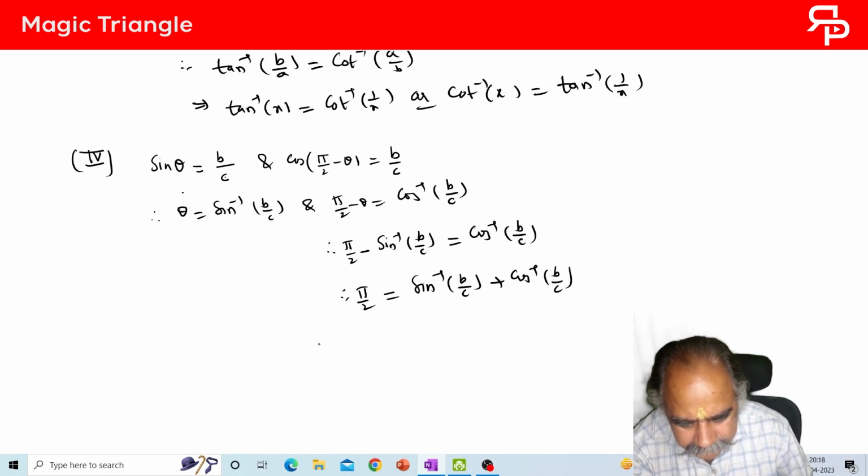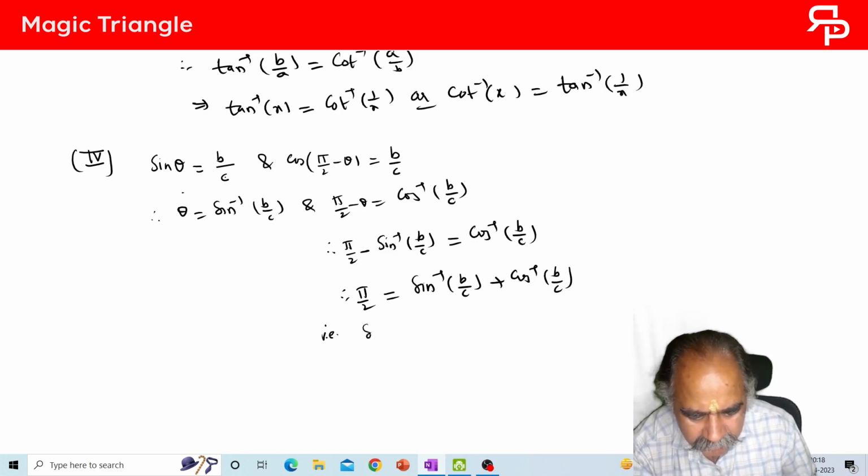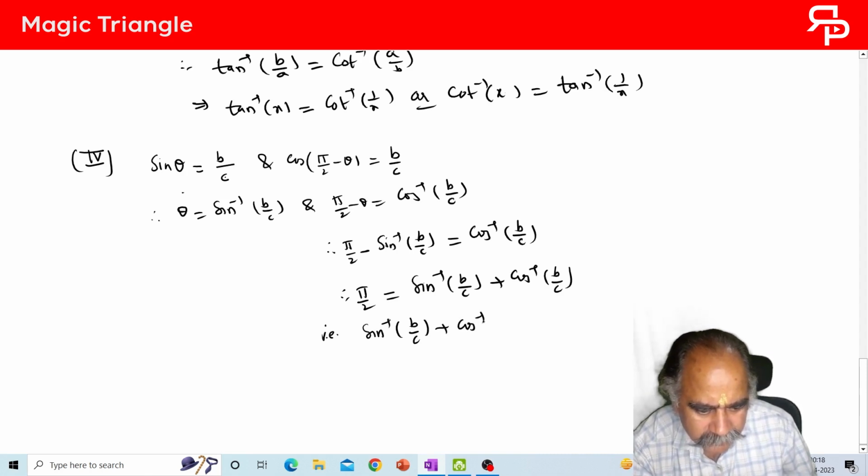Whenever the same step is written in another form, we use that is. So sin inverse B by C plus cos inverse B by C is what? Pi by 2.